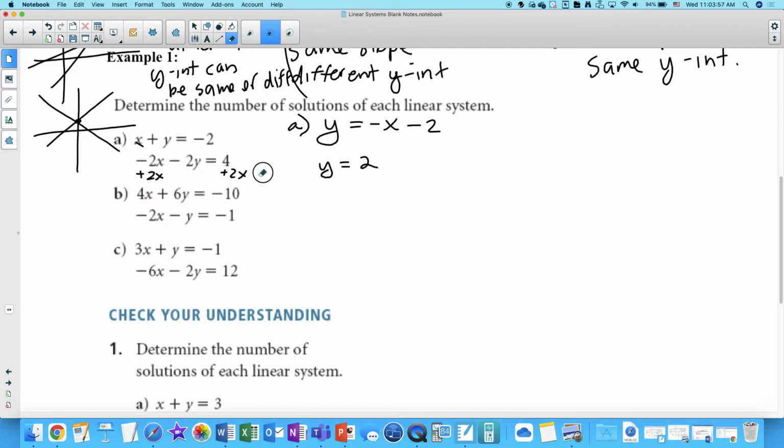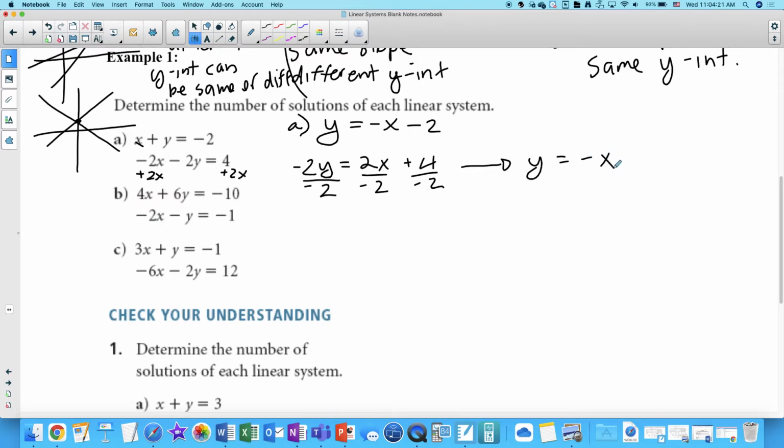I haven't isolated y yet. It's negative 2y equals 2x plus 4. And then to isolate y, I have to divide everything by negative 2. Okay, so that will give me y equals 2 over negative 2 is negative 1, so just negative x.